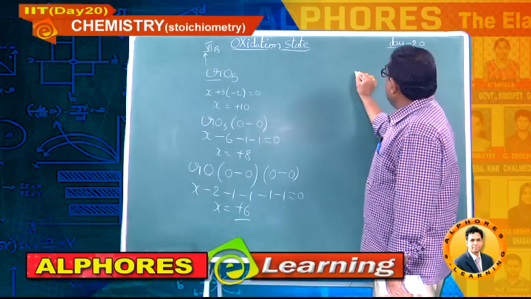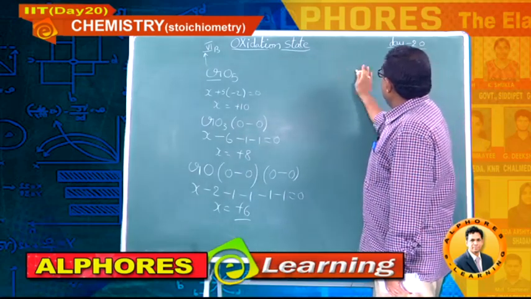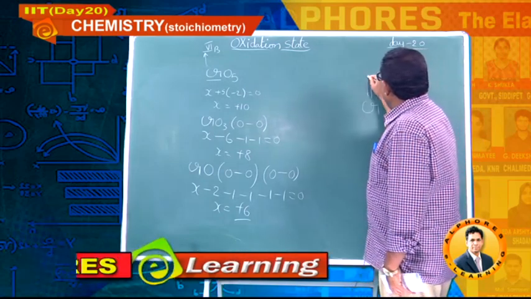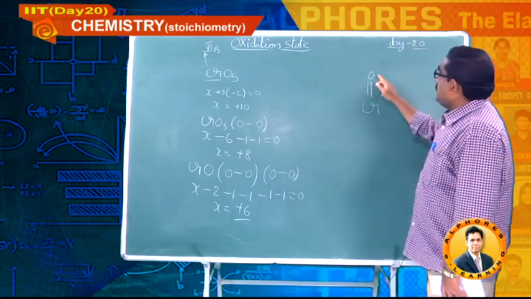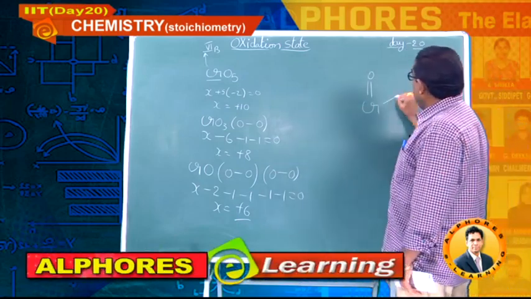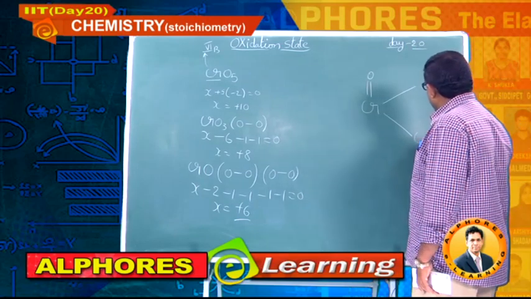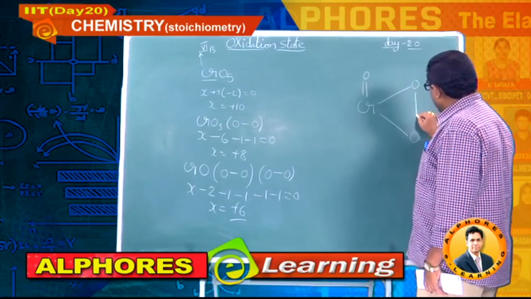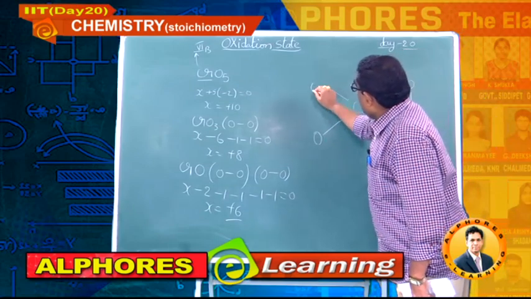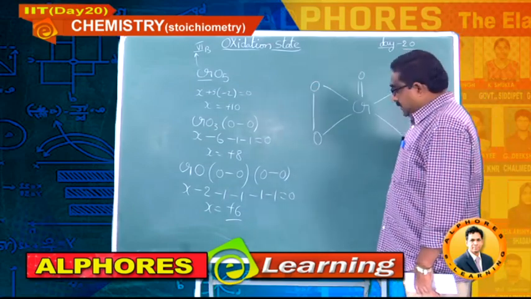So, please concentrate here. Out of 5 oxygens, 1 oxygen is normal oxygen bonded with a double bond, and 1 peroxy bond like this, another peroxy bond like this.